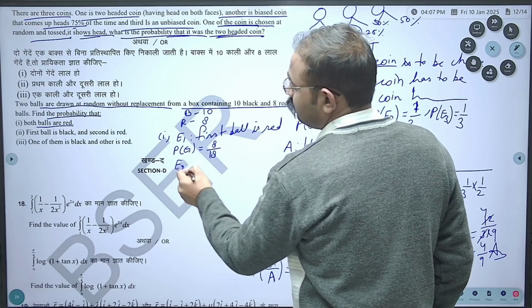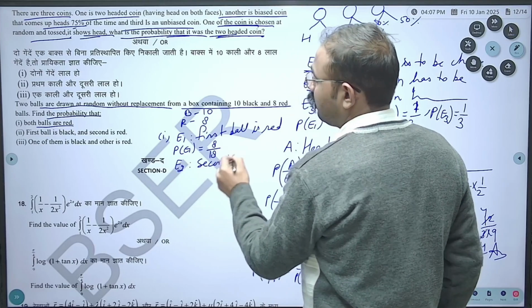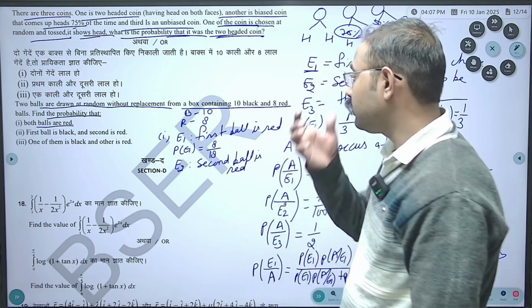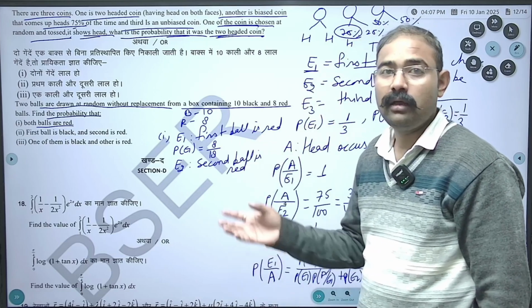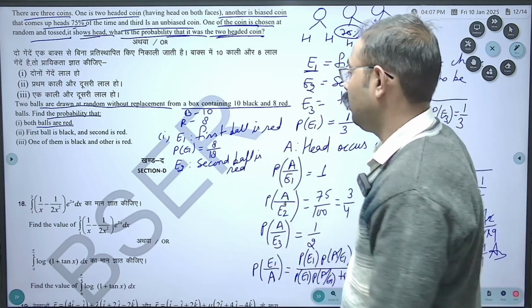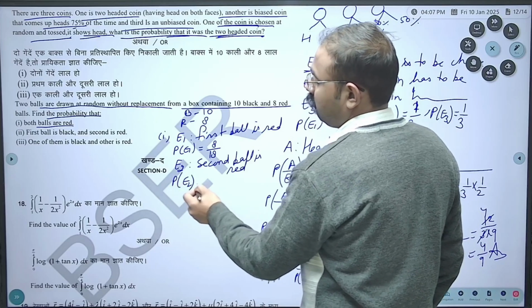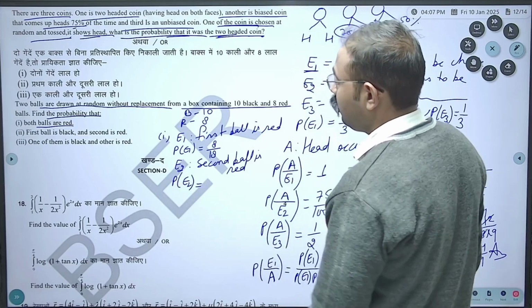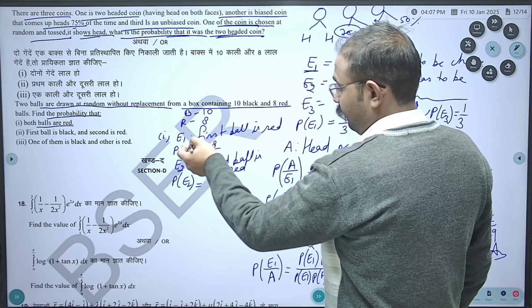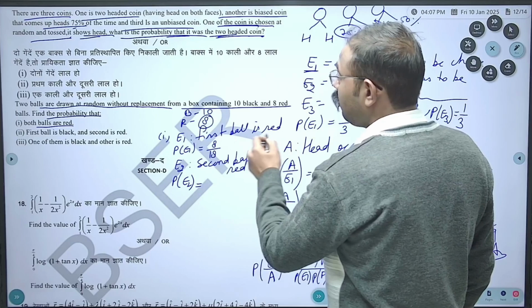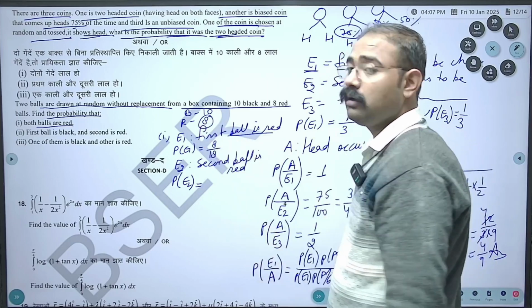E2 is the second ball is red. The occurrence of the first ball as red affects the probability that the second ball is red. The probability of getting the second ball red, when the first ball was red, total red balls were 8.